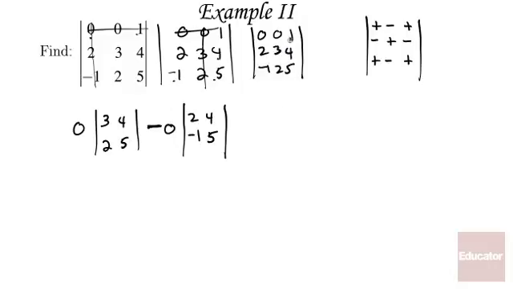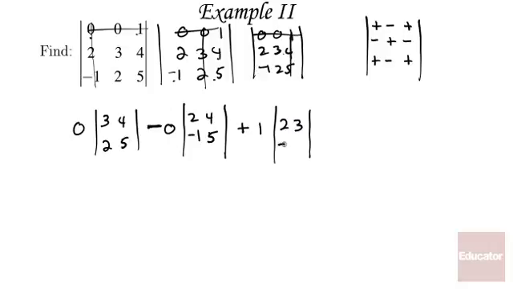Next, writing this again just so you can see each step. The next number I'm working with is 1, and that is going to be associated with a plus sign because there's a positive sign right there in that position, times this minor, which is going to be, I'm going to cross out row 1 because that's where the 1 is, and column 3 to leave me with 2, 3, negative 1, 2.